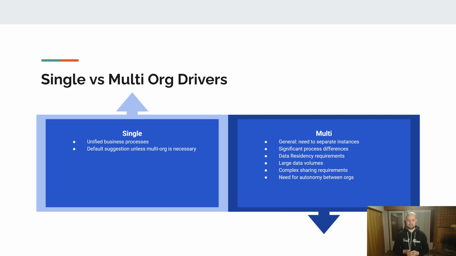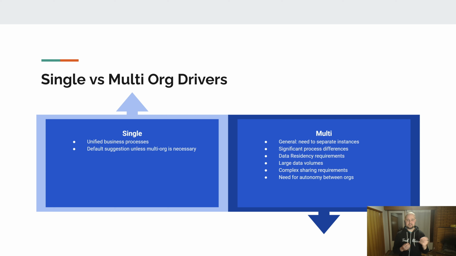An example is a consumer business with potentially hundreds of millions of customers, and also companies that we're selling to. That gets really big data volumes if we think about the orders they're generating. That's very tough to handle within a single org. So we go multi-org, because then each org has the same set of limits that normally exists for a single org.